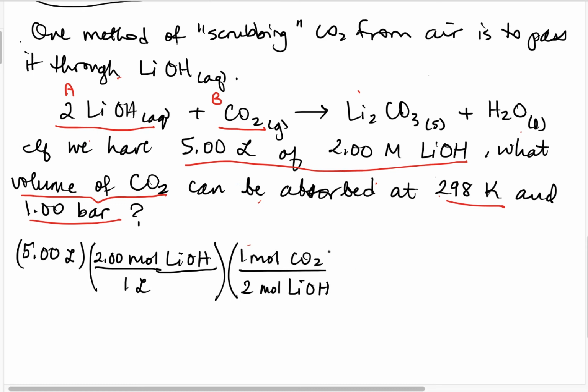And next, because I'm going to be using the ideal gas law, just as I did last time, I'm going to calculate moles and then use the ideal gas law separately. So my 2's conveniently canceled out here, so I end up with 5 moles of carbon dioxide. And so now my ideal gas law, I'm solving for volume again.